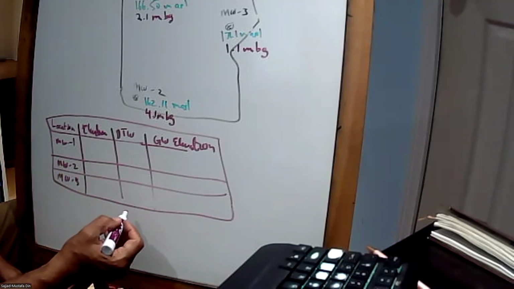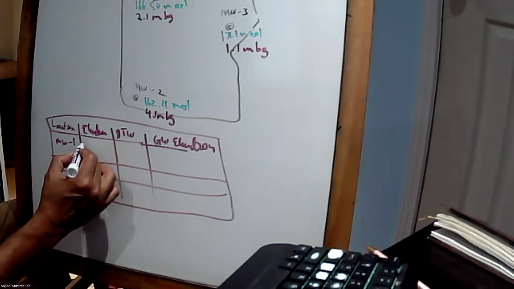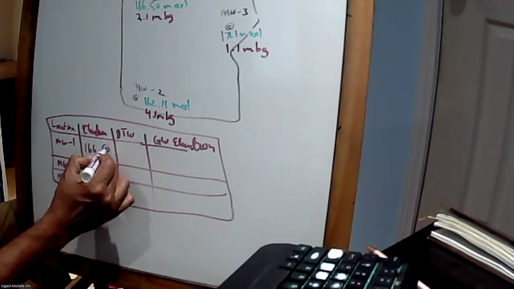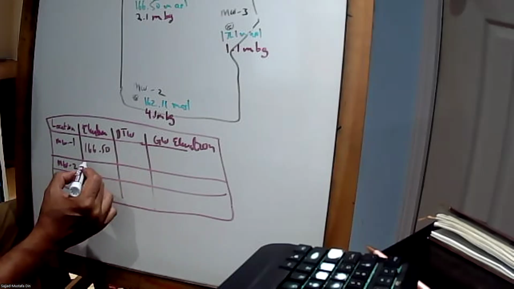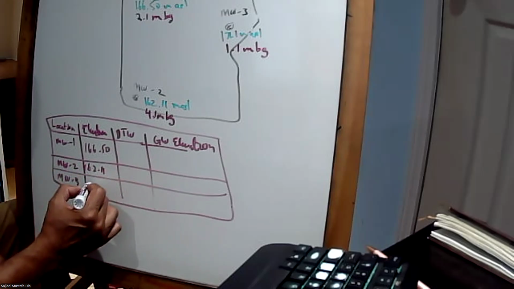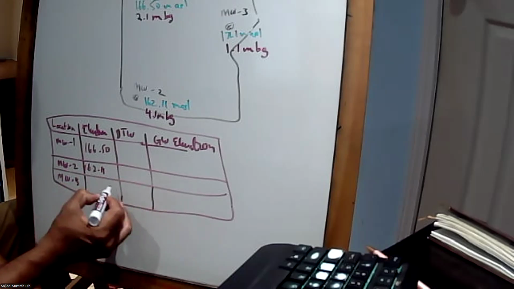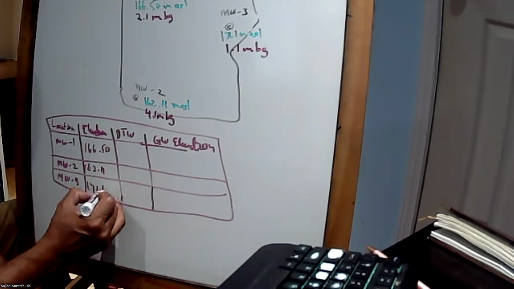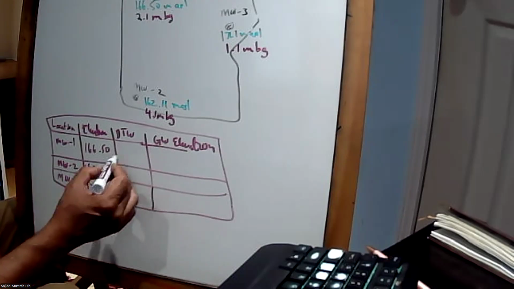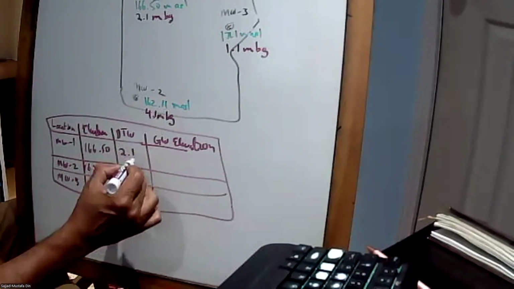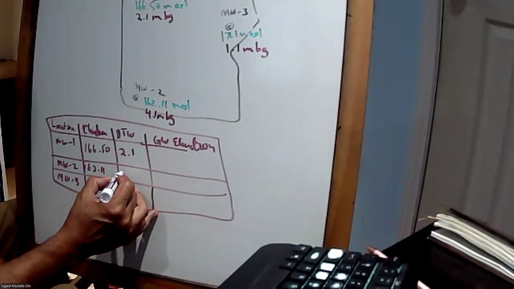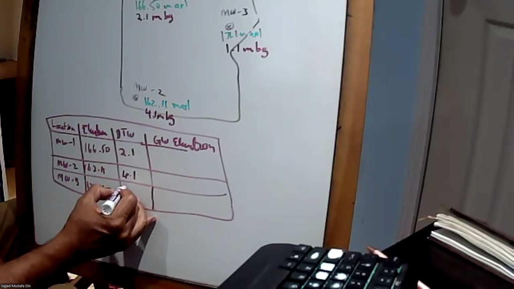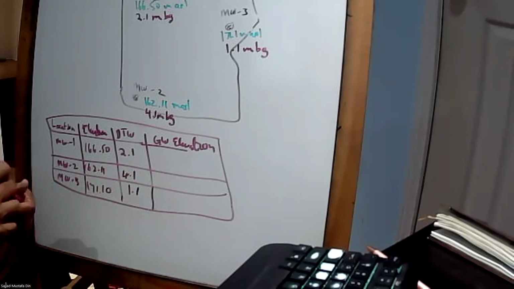For monitoring well 1, the elevation is 166.50. Monitoring well 2 is 162.11. Monitoring well 3 is 171.10. Depth to water for monitoring well 1 is 2.10. For 2, it's 4.1. For 3, it's 1.1. So let me get out my calculator.